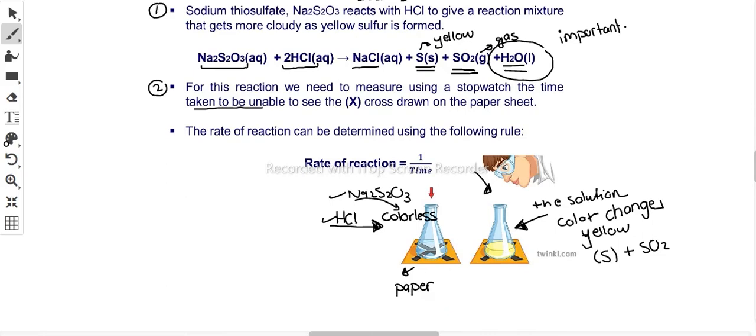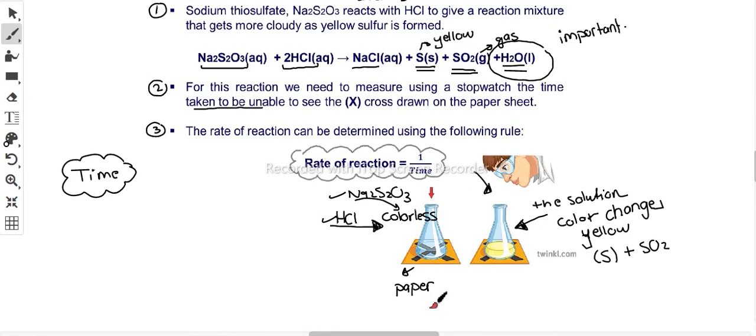So what is the only measurement data collection reading do I have? I'm measuring the time. This is the only thing that I have. It's the time till the cross X disappears. So how can I determine the rate of the chemical reaction? The rate of reaction in this situation will be 1 over the time.